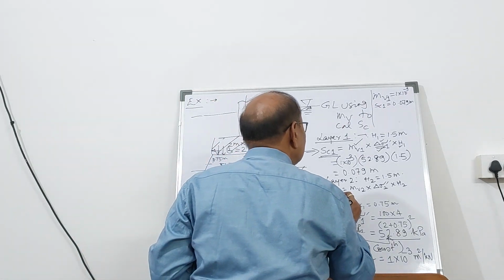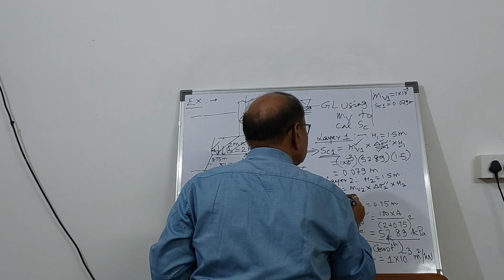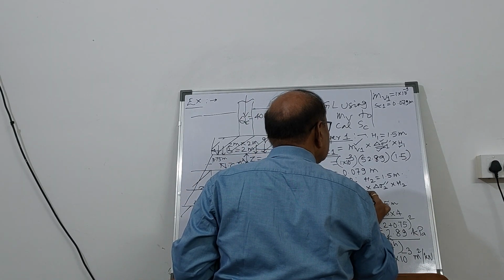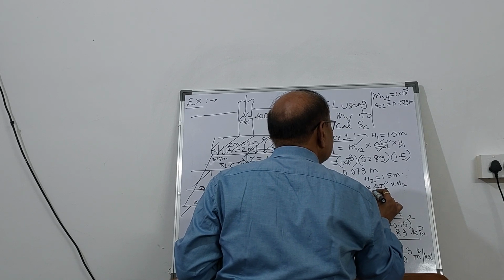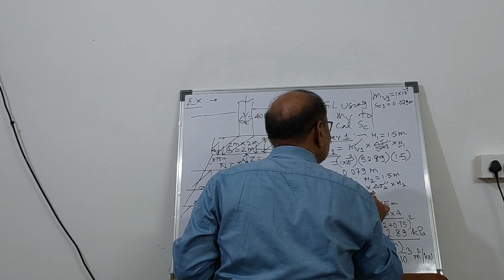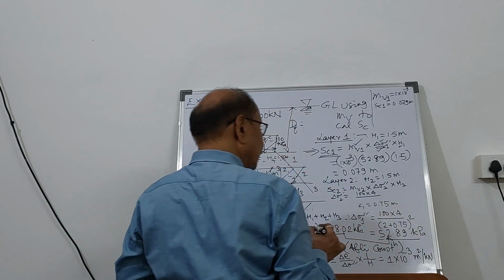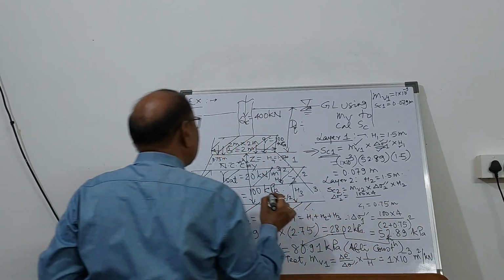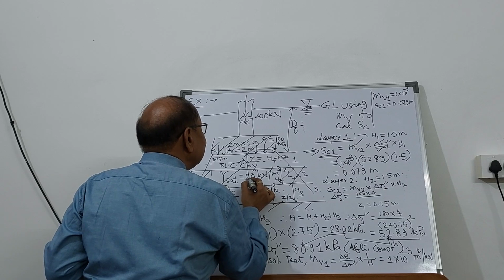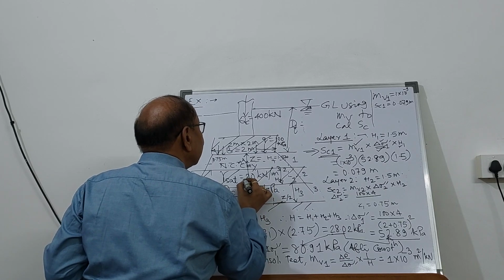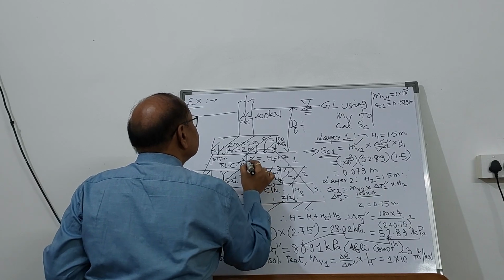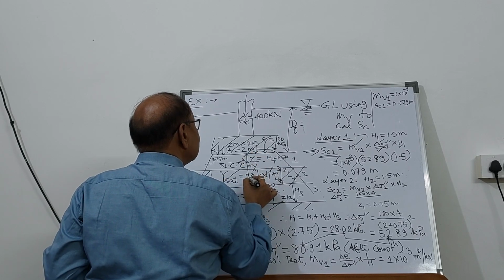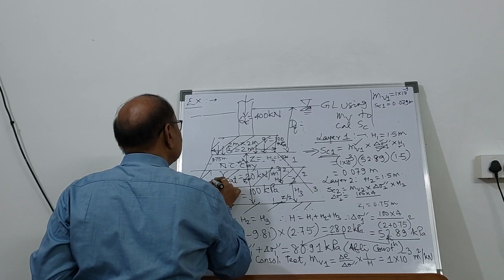So delta sigma 2 prime is very simple. It is Q, that is 100, into the area of the footing, that is 4, divided by, at the midpoint of layer 2, that is at B, B plus Z2 whole square.